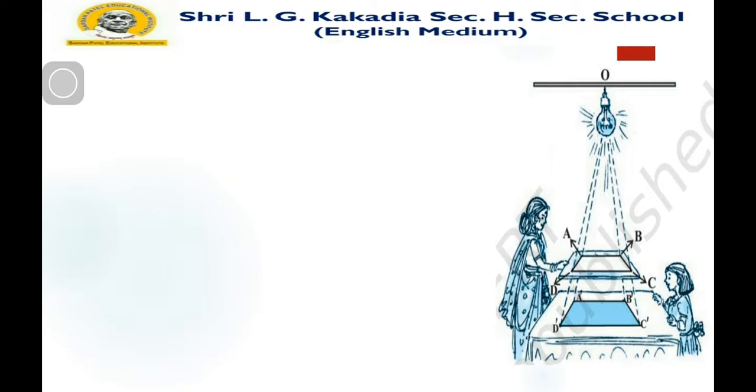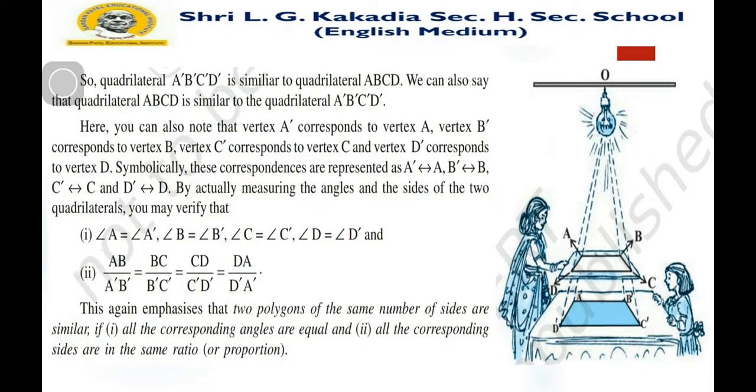When can we say that? Here you can see two quadrilaterals ABCD and A dash, B dash, C dash, and D dash. Quadrilateral A dash, B dash, C dash, D dash is similar to quadrilateral ABCD.